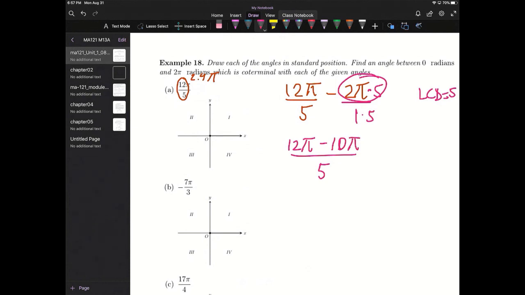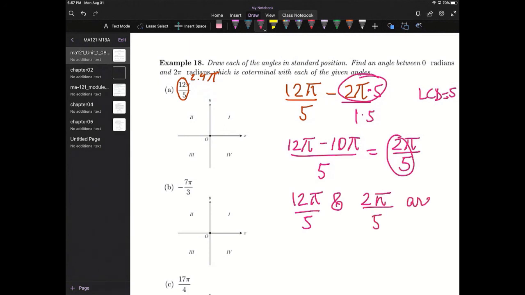So I keep the denominator and subtract the tops of the fractions. 12 pi minus 10 pi is 2 pi. So 2 pi over 5 is the coterminal angle with 12 pi over 5. And that angle is also between 0 and 2. Notice that 2/5 is a number between 0 and 2, so it is where I want. So 12 pi over 5 and 2 pi over 5 are coterminal.